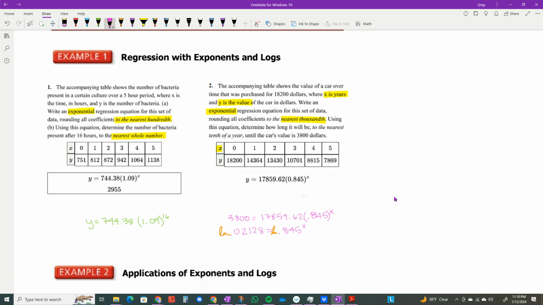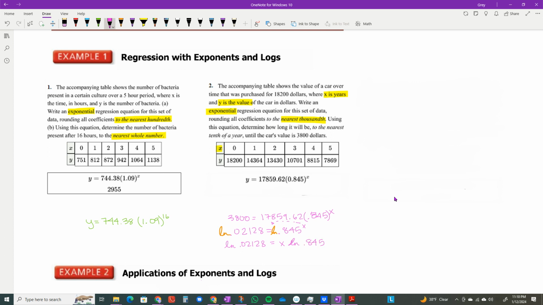And remember, I get to move this x down front when I do that. So I have ln of 0.02128 equals x times ln of 0.845.